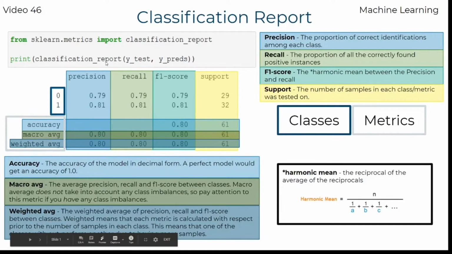So this is the classification report explained. This is basically all the code we wrote just before: from sklearn.metrics, import classification_report, and then here we just print it out. This is our color-coded classification report. These two numbers over here are the classes. These are the two options our model could have predicted, because it's a classification model and there are only two classes for it.